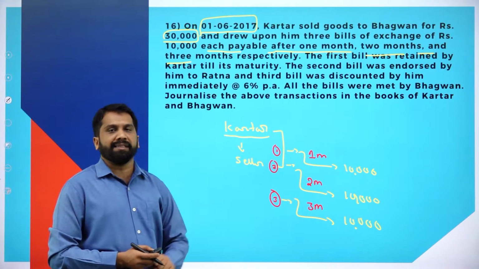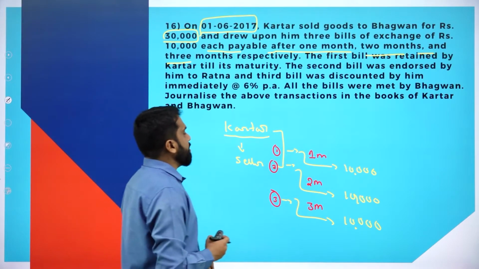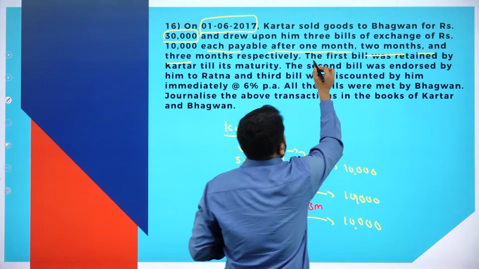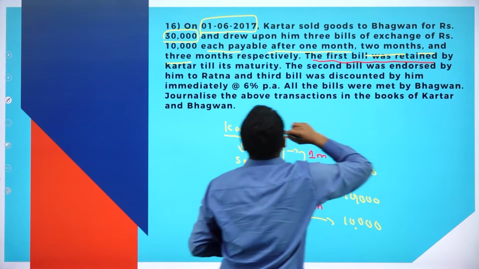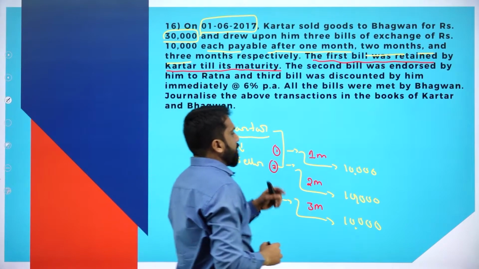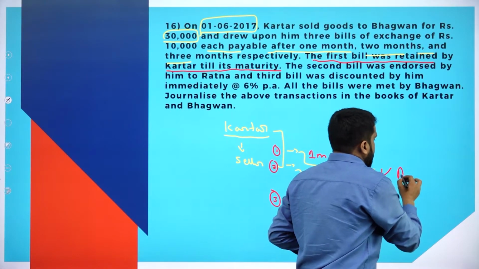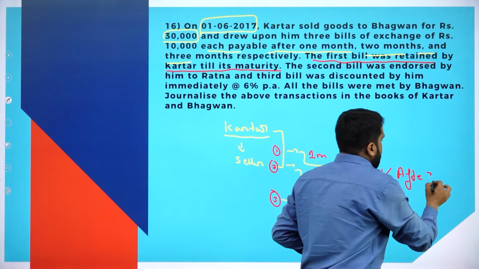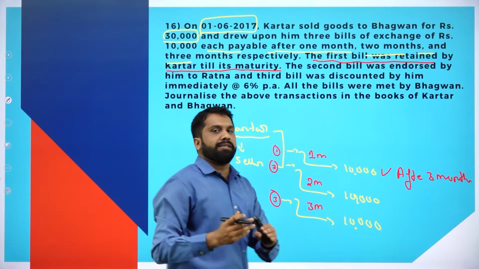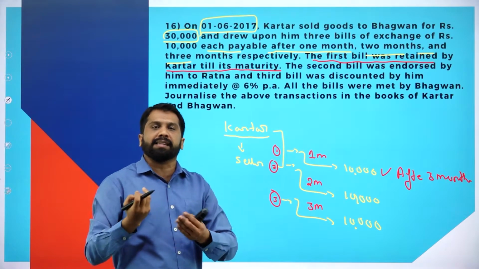Hope you understood. Now in this month respectively, the first bill was retained by Kartar till its maturity. After the due period he went to the customer, he collected 10,000.